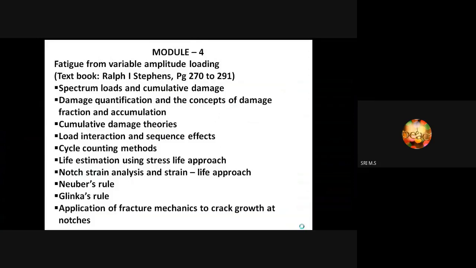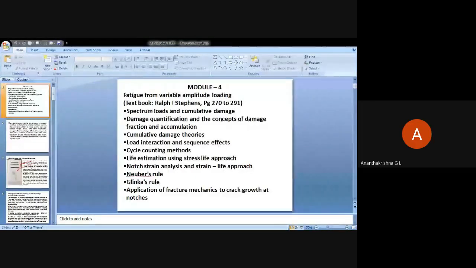Module 4, sir. Now are you getting Word there, Word document or module 4 only? Module 4 PPT. Then why is this not getting displayed?